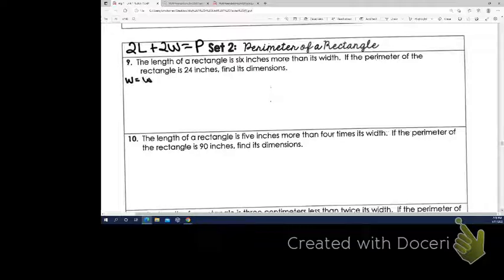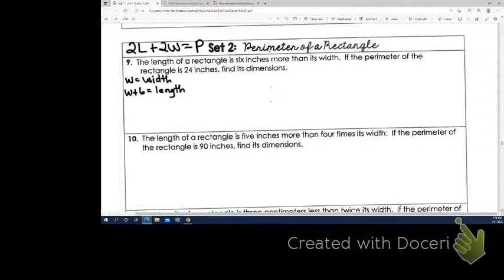So if w is our width, and then it tells me in that first sentence, the length is 6 more than the width. So remember, more than means plus, not times. 6 more than means plus. So then w plus 6 is then my length.